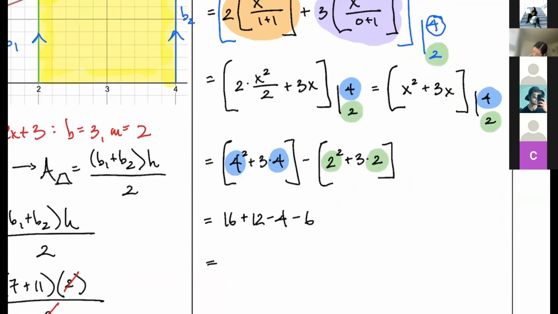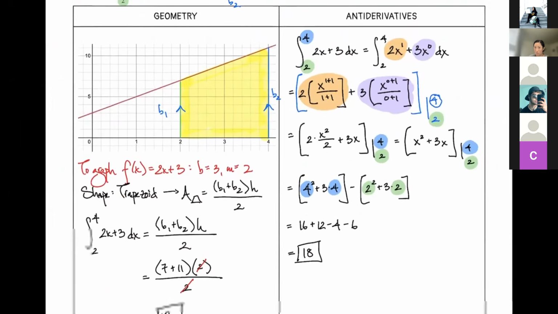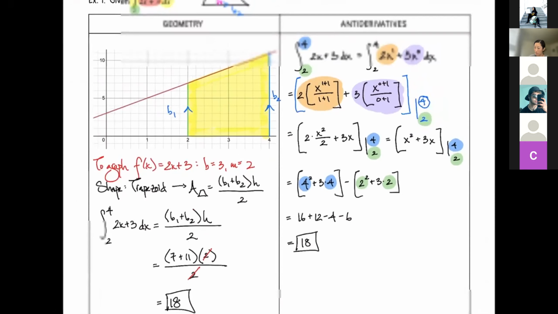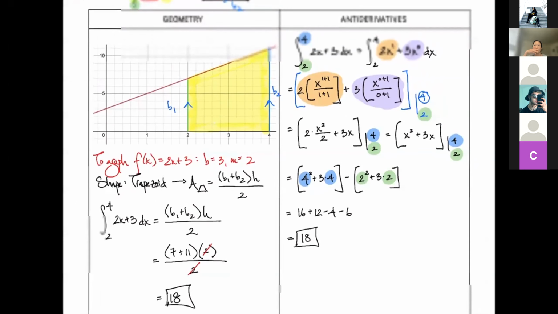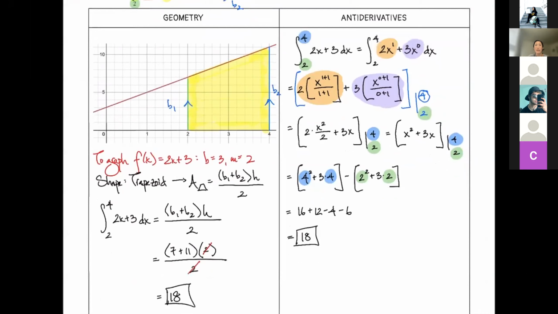Let's see, that gives us 10 plus 8 should give us 18. Okay. So let's zoom back out for a moment. And holy cow, our answers from both the geometry and the antiderivatives were the same.